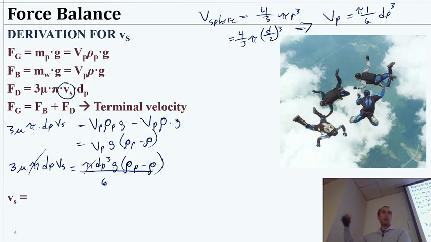Even though I'm giving it to you on the equation sheet, I think it's nice to see how we could find the terminal velocity of a skydiver or a particle in water, right? I'm going to write it as g, to match our formula sheet exactly, times rho of the particle minus rho of the water, times dp squared, divided by 18 times mu.